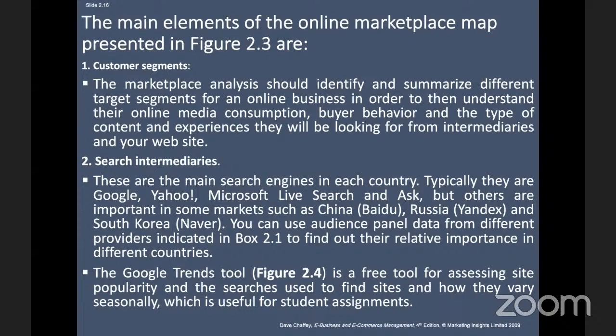Search intermediaries. These are the main search engines in each country. Typically, they are Google, Yahoo, Microsoft Live Search, and Ask, but others are important in some markets, such as Baidu in China, Yandex in Russia, and Naver in South Korea. You can use audience panel data from different providers indicated in box 2.1 to find out their relative importance in different countries.